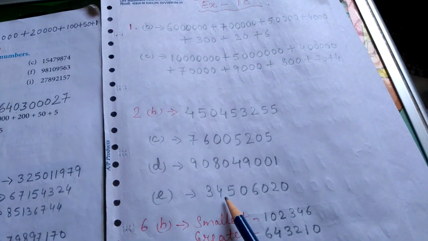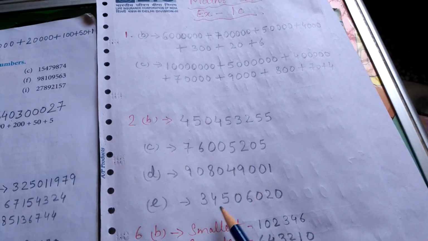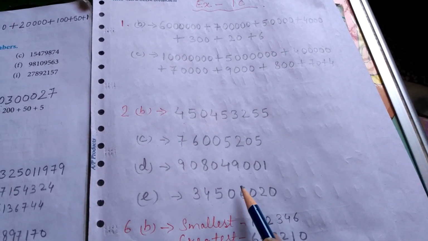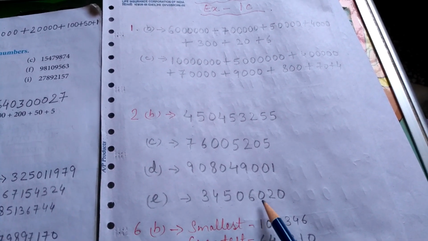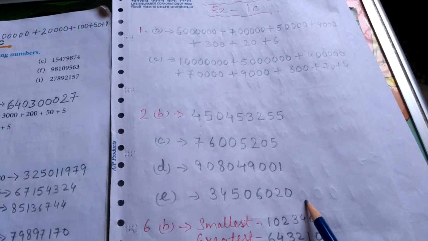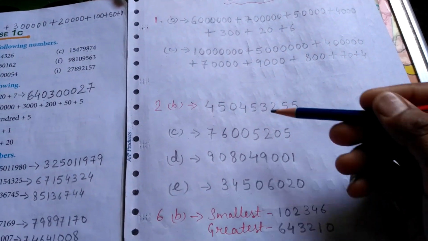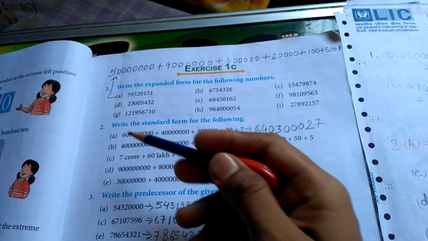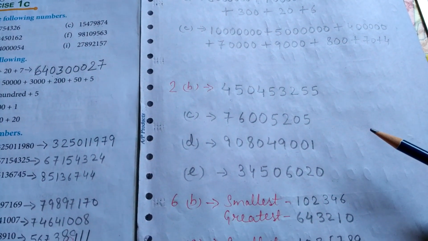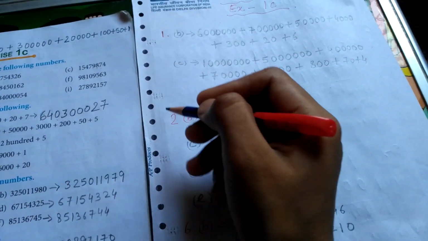So it is 3 crore, 45 lakh, 6,020. Nothing is at the 10,000 place value. So 0 will come. Nothing is at the 100 place. So 0 will come. So it will become 6,020. So this is the solution. I have solved all the questions A, B, C, D, E that you can see over here. Okay, so this is the answer.